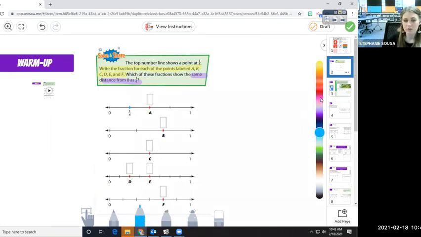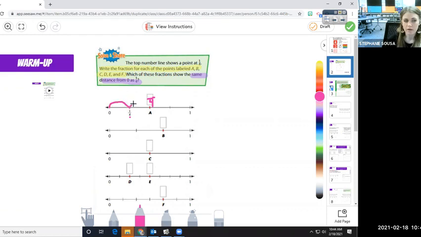Let's take a look at how to do these together. Take a look at this first number line. My denominator is a 4, so I already know that A is going to have a 4 in the denominator. It's on the same number line. That's one hint. If I was completely lost and that was still confusing, then I can do what I always do and count my hops.